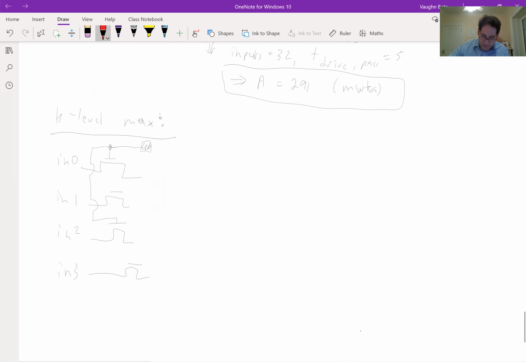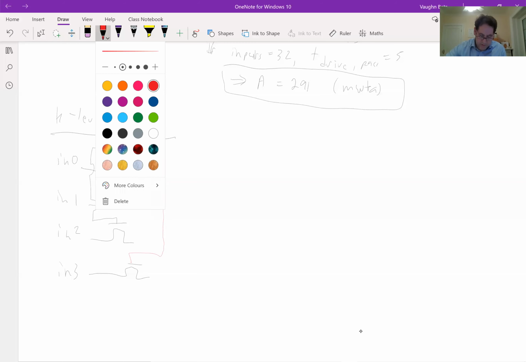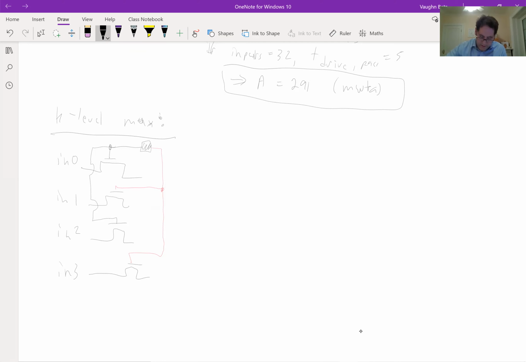And I can come off the false side of the SRAM. It's a pair of cross-coupled inverters, so I'm assuming I can tap into either side of the SRAM. That false side, I can control the other 2 pass transistors with. Okay, and I need to connect all this together.